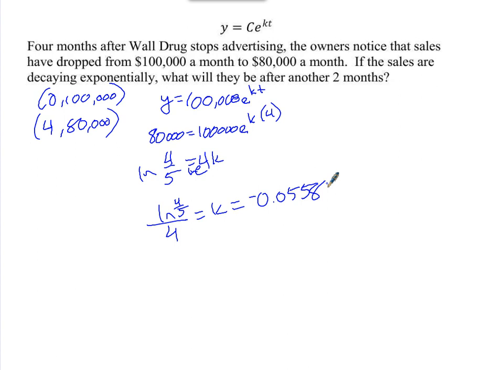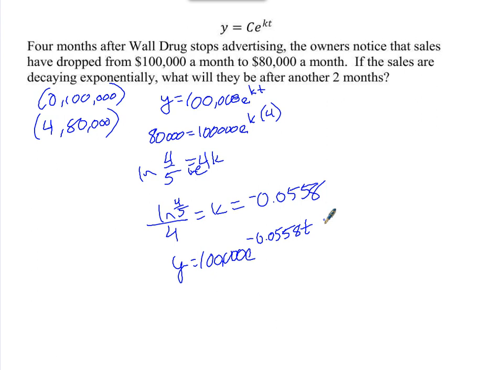Now what? So our equation is y equals 100,000 e to the negative 0.0558 t. And what are we looking for here? After another 2 months. Another 2 months is the key. What do we have to plug in?